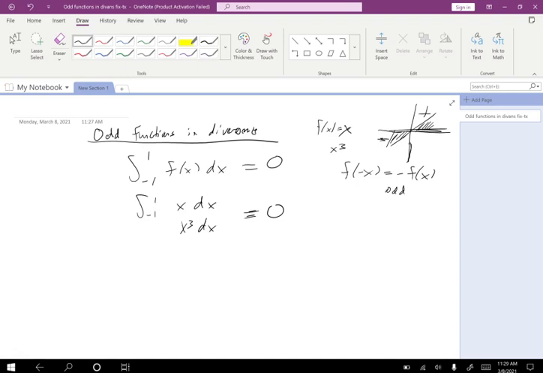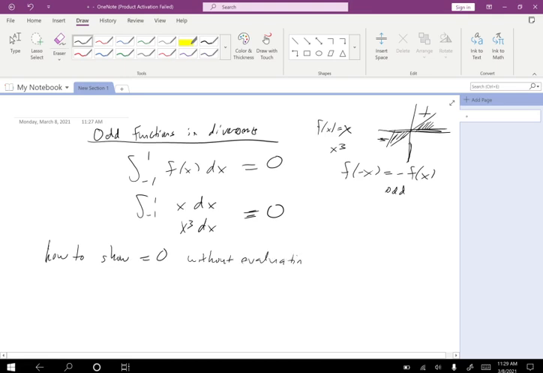But what's another way to do that without performing the integral? So how do you show it's equal to 0 without evaluating? Like, what if we had a really bad function and we didn't want to integrate it?